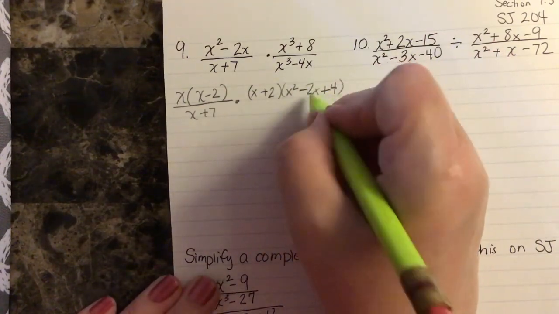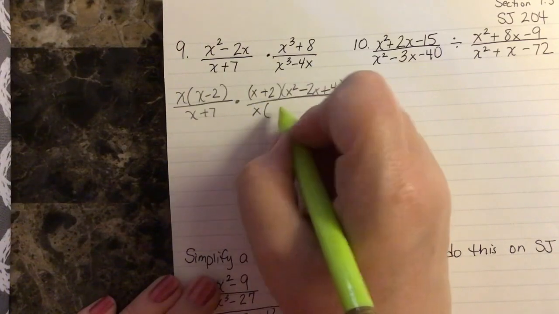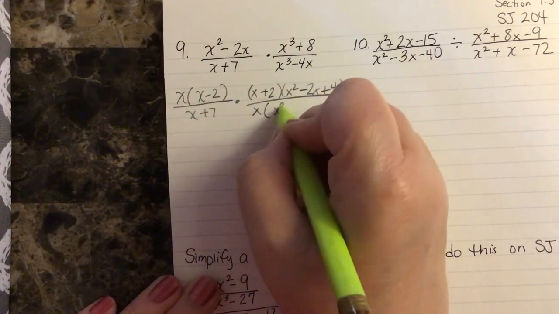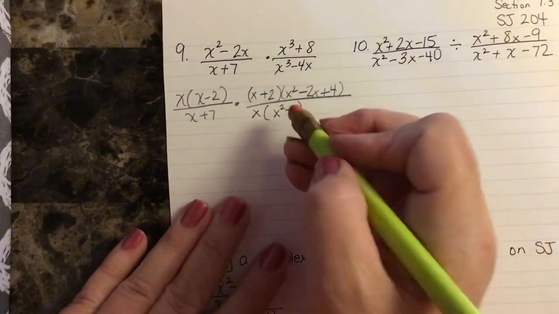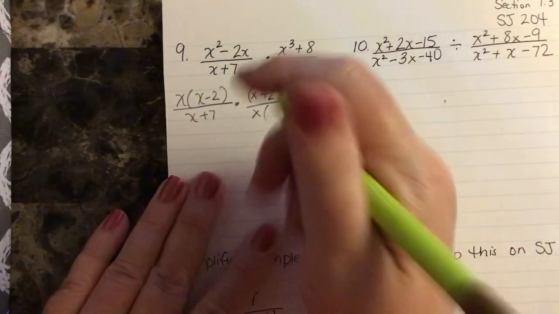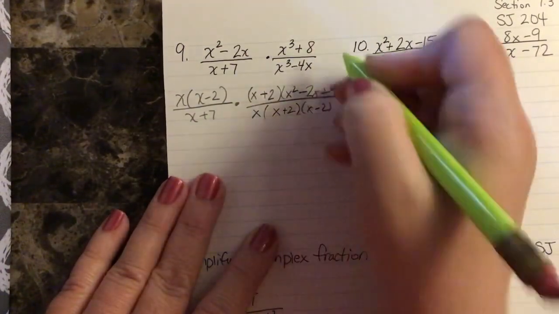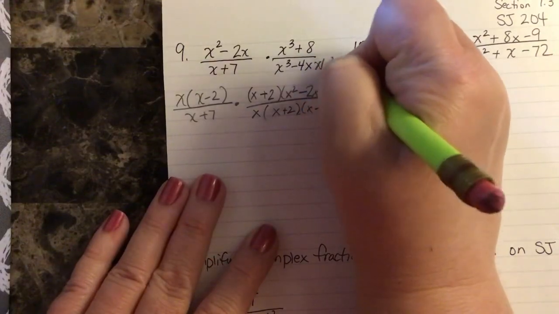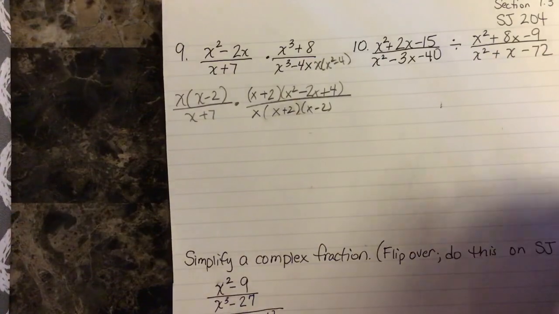Multiply those two. And then common factor, x times x squared minus 4, which will factor into x plus 2 times x minus 2. I can write that up here, x times x squared minus 4. That's a difference of squares, so I factored it into that.